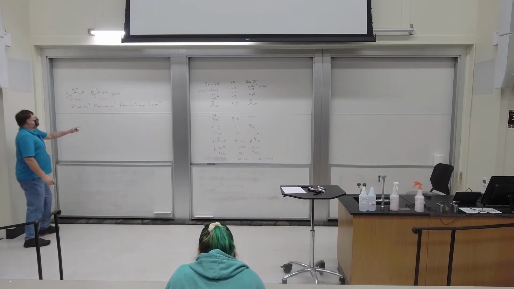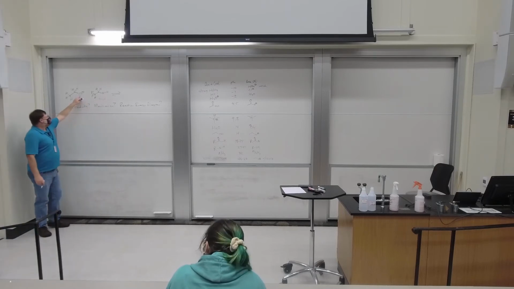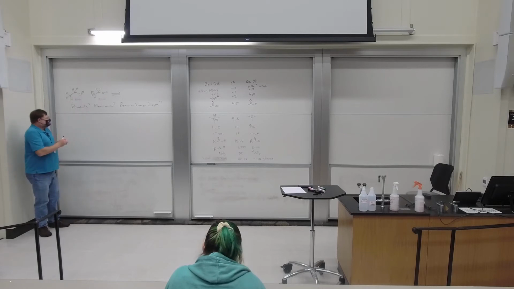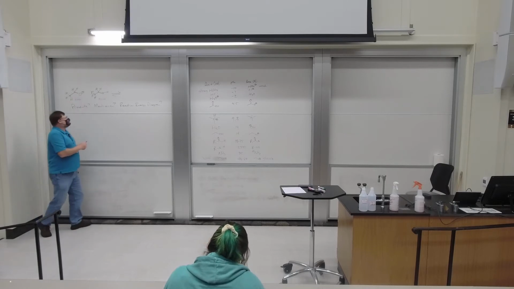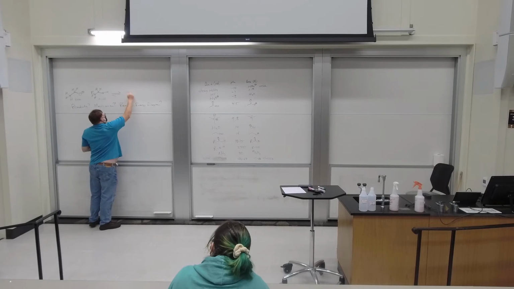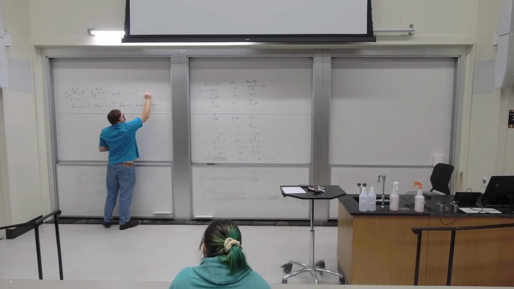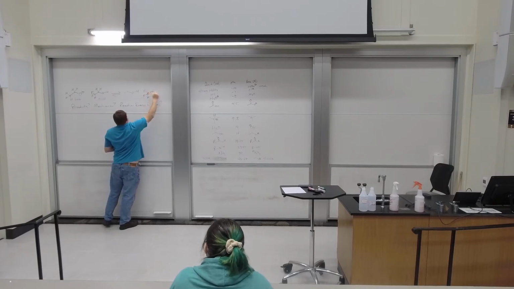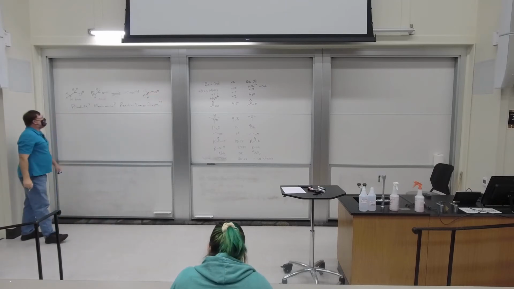In this case, it would be moving this hydrogen to this oxygen. So if I draw that in, I'm going to leave out all these other hydrogens now. All right, so that would be my products.